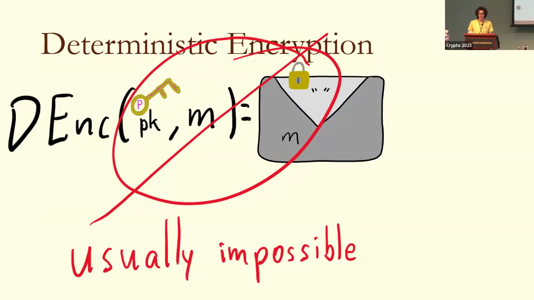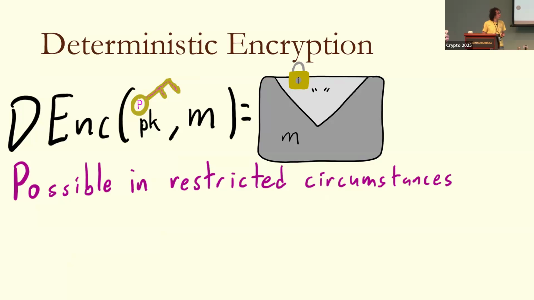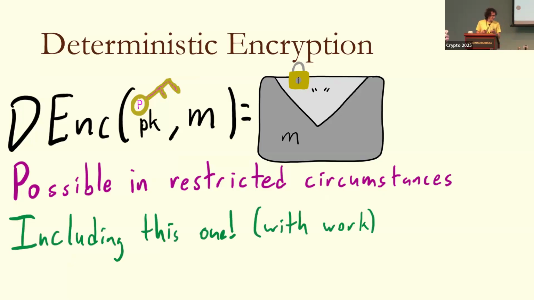This is not something that you can do even in the random oracle model. But it is actually possible in some restricted settings, usually when the randomness of encryption, or the message itself, is very random. And it happens to be the case that in our setting, with some work, you can get the properties you would want from deterministic encryption, such that it's usable in our protocol. So the deterministic encryption we will use will just be like encrypt-with-hash, for those who know.